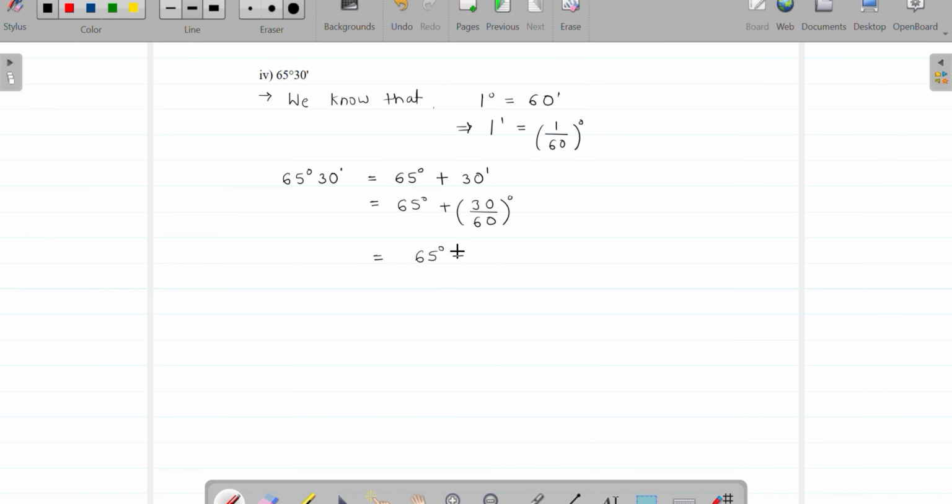which is equals to 65 degree plus 30 upon 60 means 3 1s are 30, 3 2s are 60 degree, and which is equals to 65 into 2, this, plus 1 as it is, divided by 2.